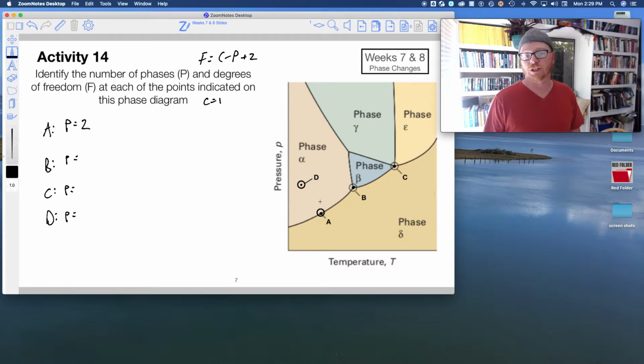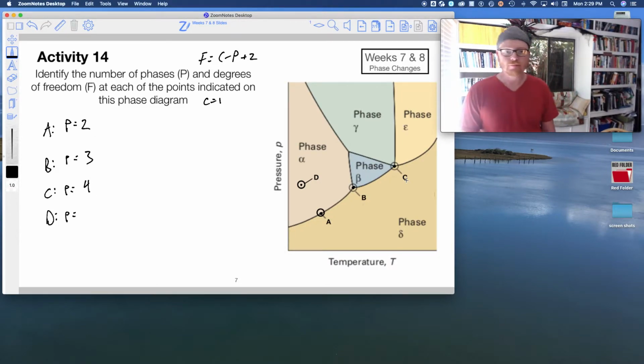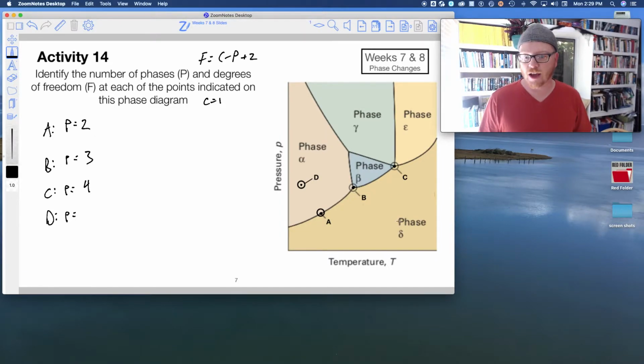What about point B? It would be 3: phase delta, phase alpha, and phase beta. Point C is 4 phases: delta, beta, eta, and gamma. And at point D, there's just 1 phase indicated by that set of conditions.